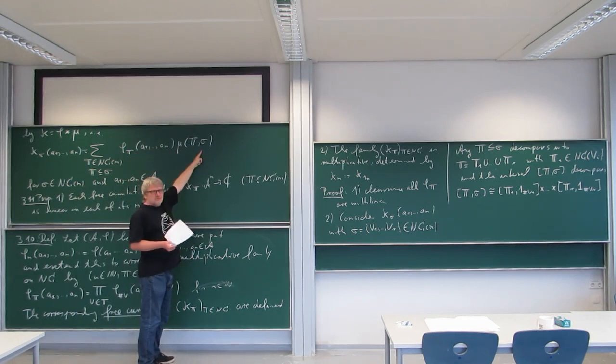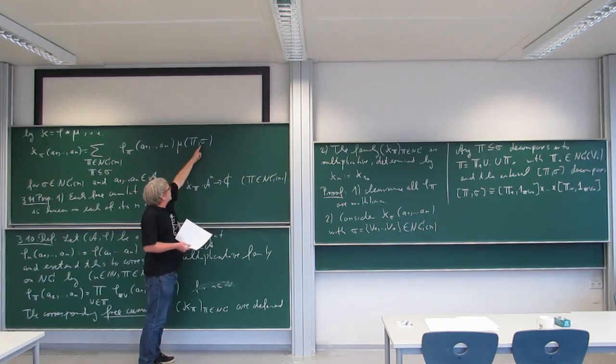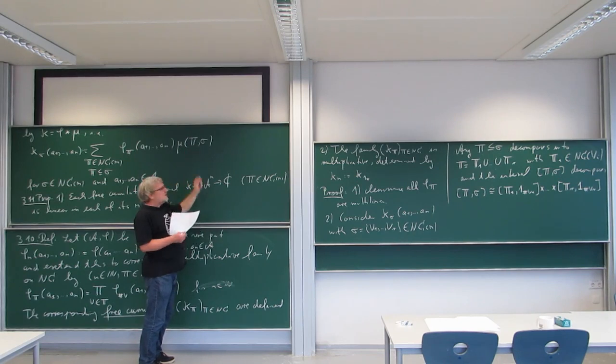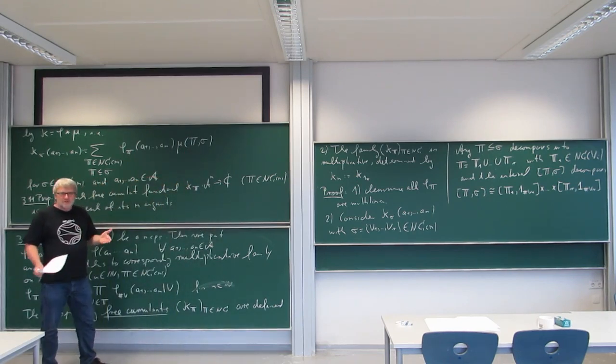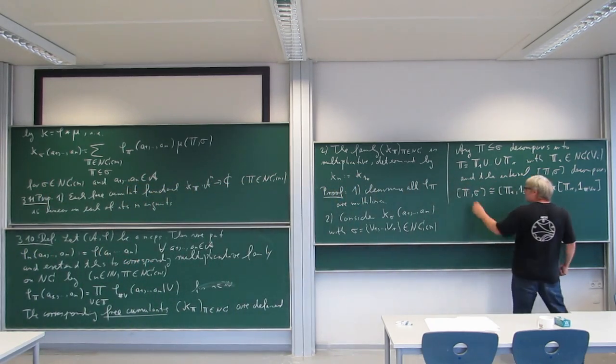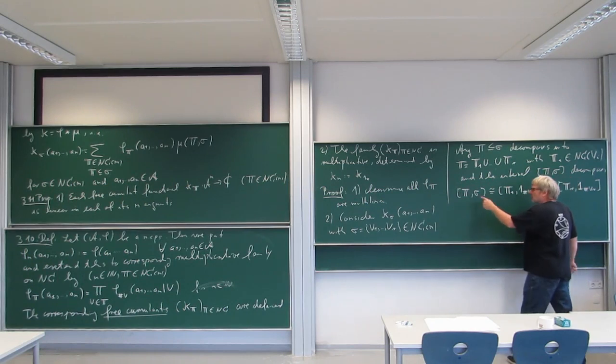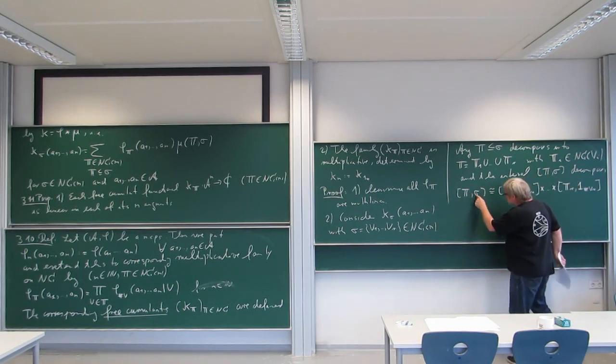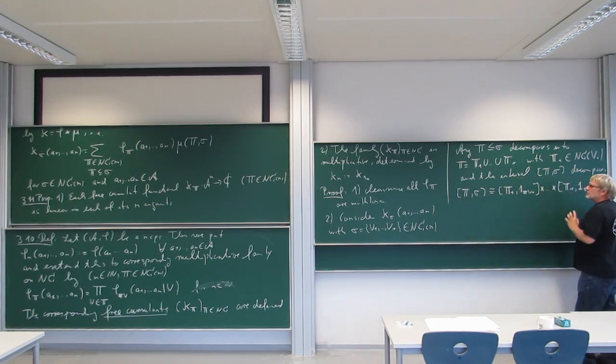I also have to know, does this also factorize in a multiplicative way? This is the mu function from pi, comma sigma, and we know the Möbius function only depends on the interval between pi and sigma. So that's why it's good to know that this interval from pi to sigma, all non-crossing partitions between this and this, actually factorizes into this product.